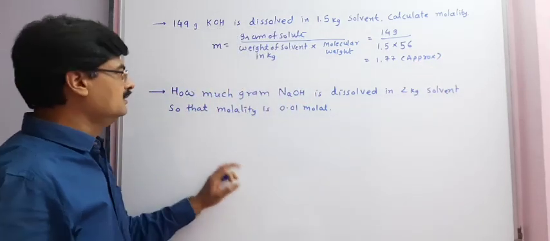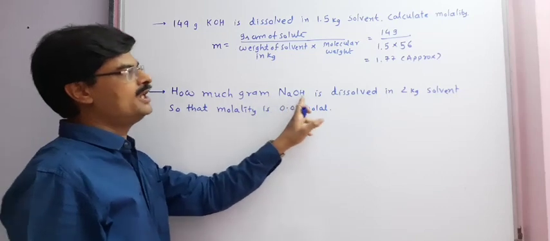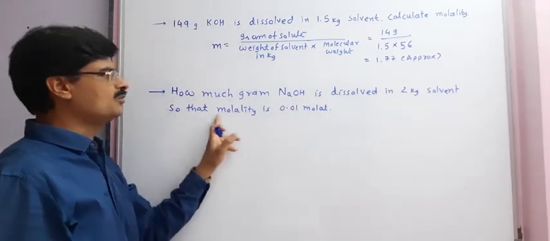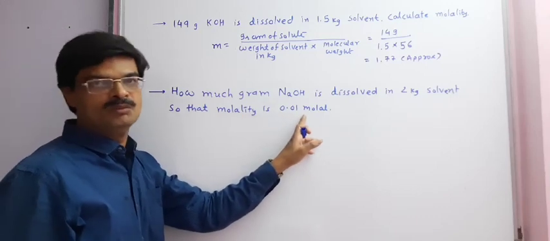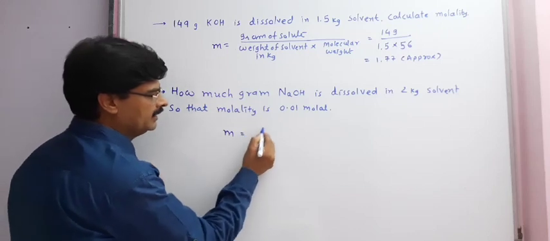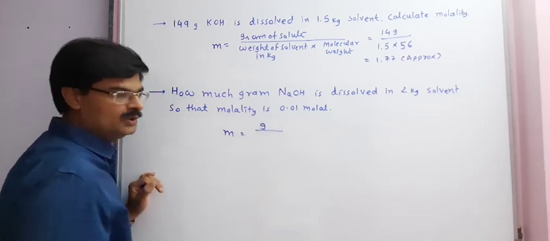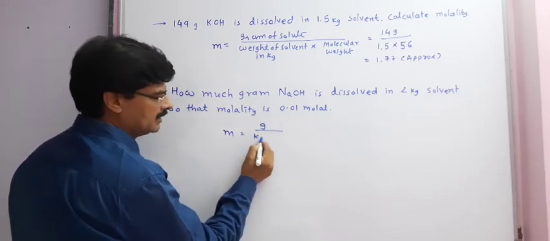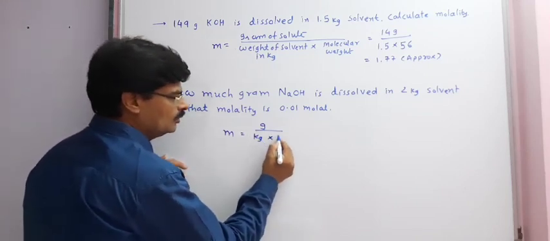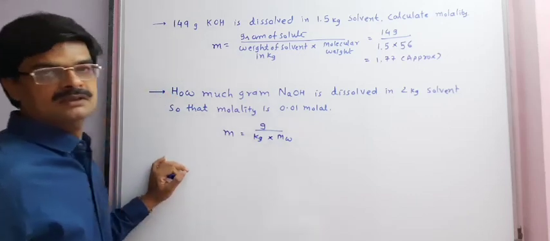In the next question, how much gram NaOH is dissolved in 2 kilogram solvent so that molarity is 0.01 molar? So again, formula of molarity, gram of solute divided by kilogram, that is the weight of solvent, into molecular mass.